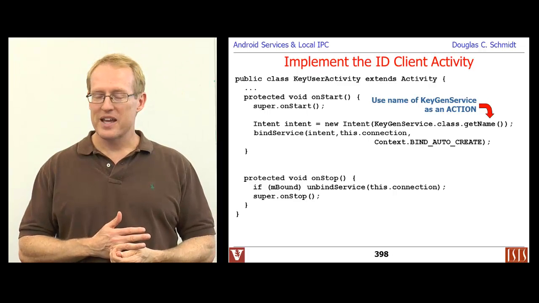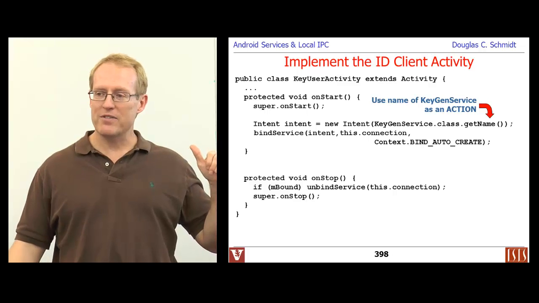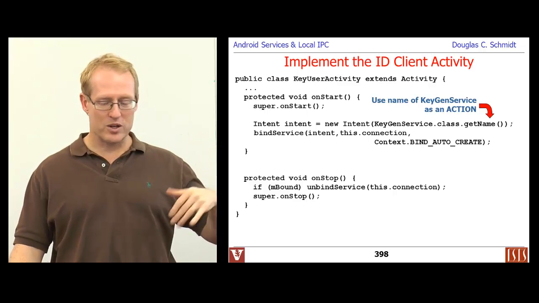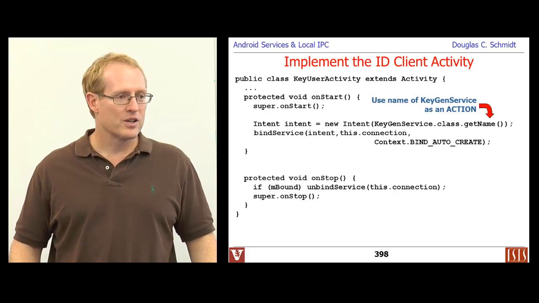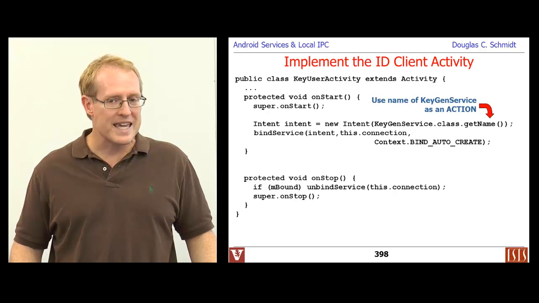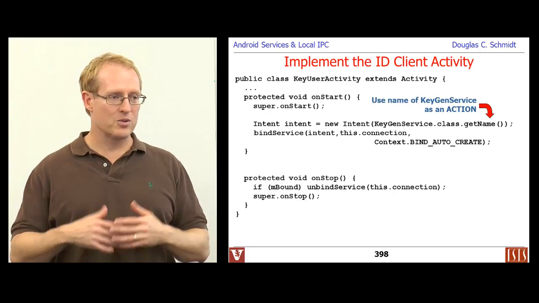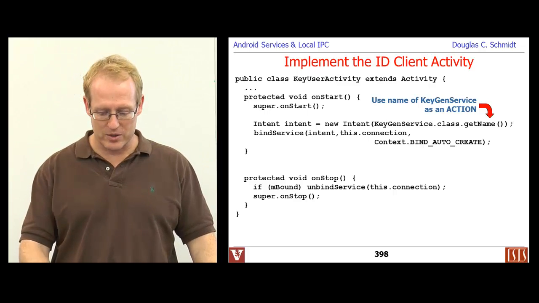So what this means, as we'll see shortly, is we have to make sure that the manifest file for the service that's going to be started by this has an intent filter that is going to basically key off of its name. And it's going to use this in order to limit the number of people who can start it. You have to be able to know its name in order to talk to it.